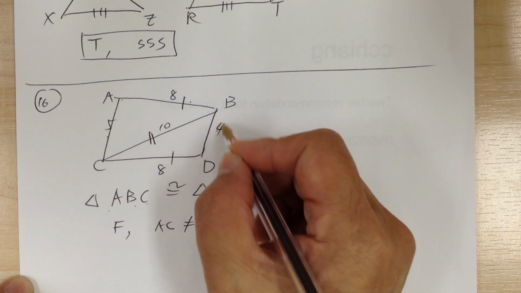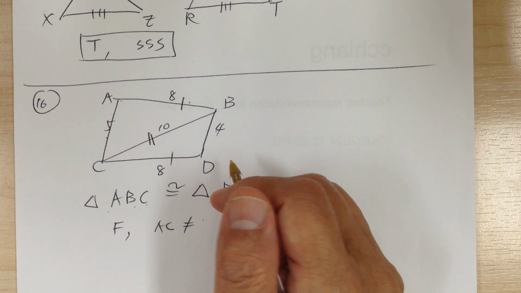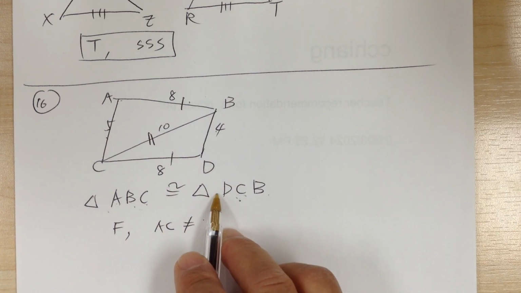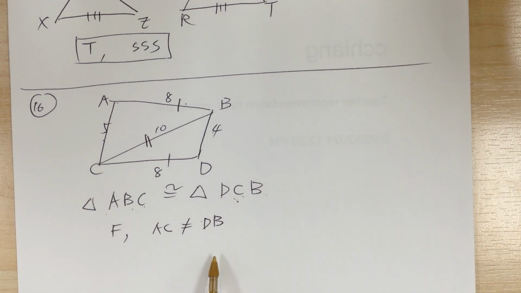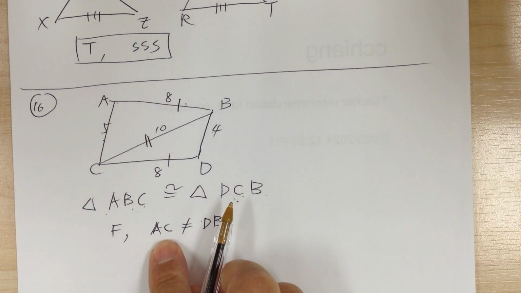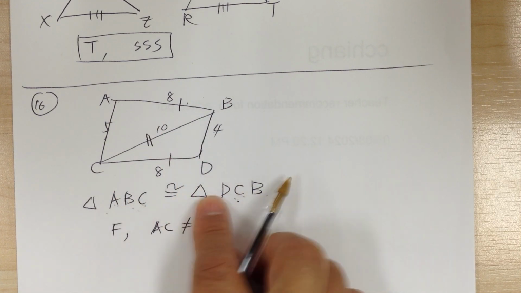So AC and DB. Okay, there you go. Okay, just match up the letters. Okay, the reason for that is because AC is equal to 5, BD is 4. So this is not true.